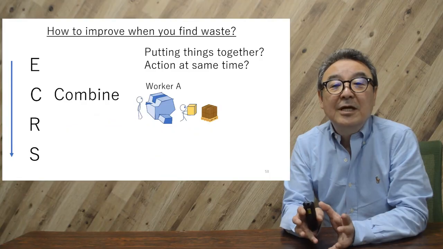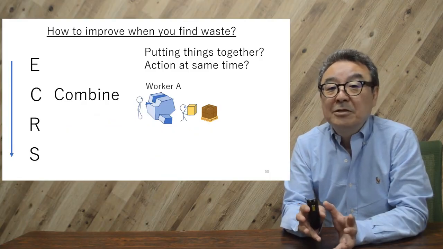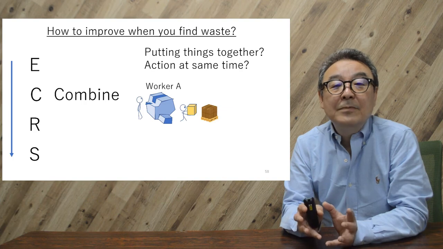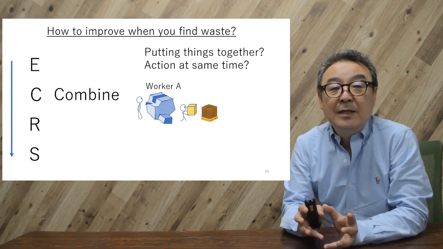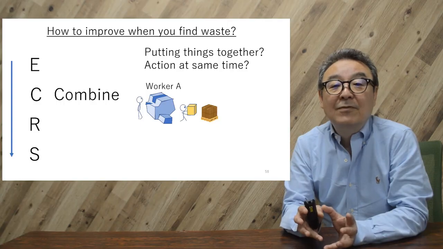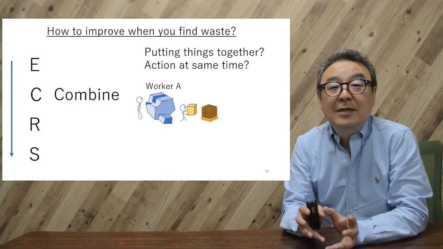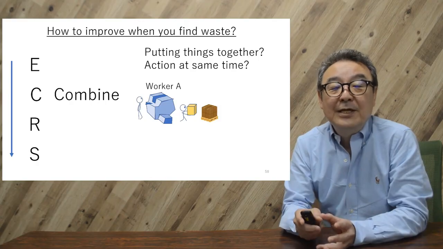If elimination is difficult, next we consider combining. Putting things together, acting at the same time, that is the viewpoint. I'll show an example again. Now, worker A is doing the machine process. He is doing nothing, just waiting for the machine work to finish. After that, he brings it to the stock area.